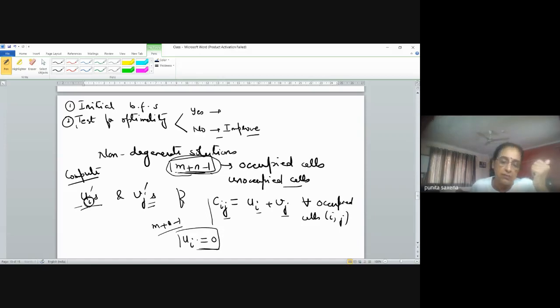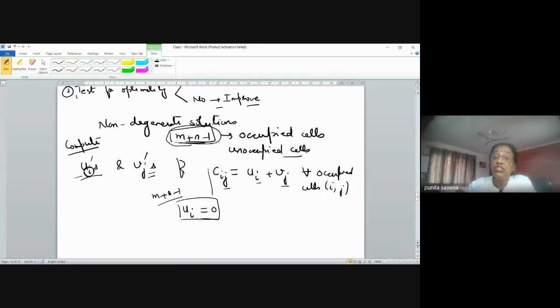Now, since it is random, you can give any Ui to be 0, but preferably we put that Ui to be 0 or that Vj to be 0 where the maximum allocations have been made. That means we look for that row or column where we have made the maximum allocations, right?